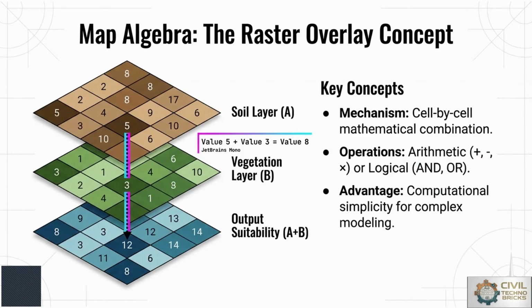So we can make arithmetic operations with respect to values assigned to any type of layer or any type of ground control points, and we can check the advantages, or we can compare the conditions. So the main advantage is simplicity for complex modeling.